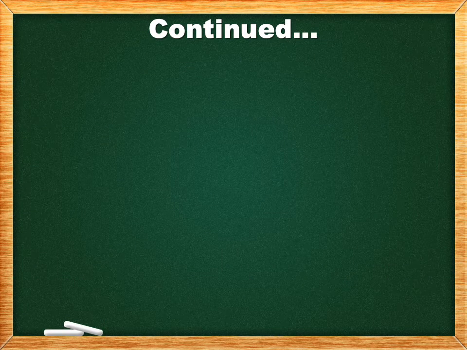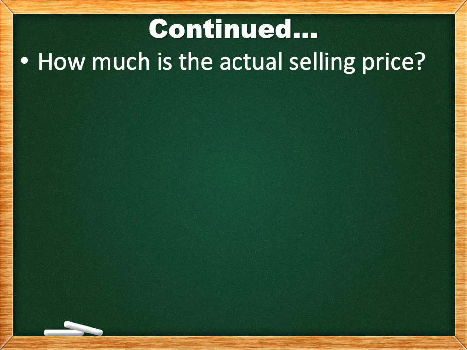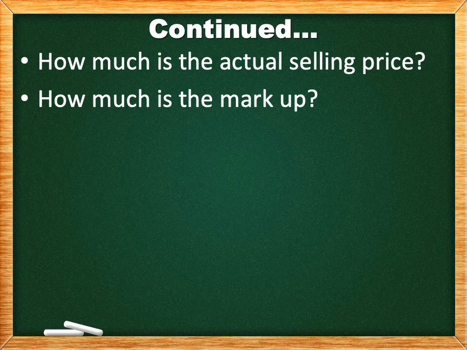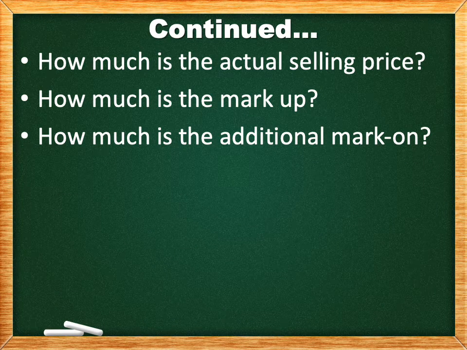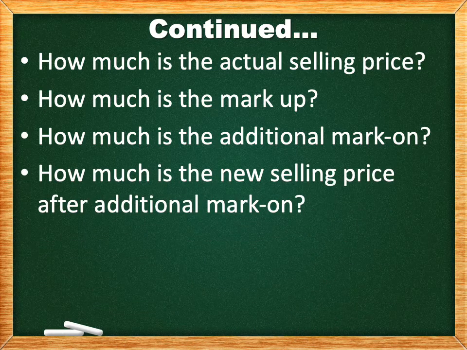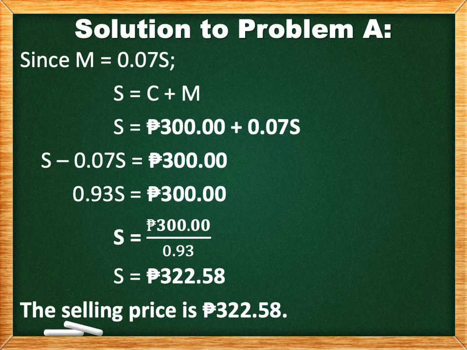Here are the questions. First, how much is the actual selling price? Second, how much is the markup? Third, how much is the additional mark-on? Fourth, how much is the new selling price for additional mark-on? Solution to problem A, we're looking for the selling price. Since the markup is represented by 7% of S, markup M equals 0.07S.